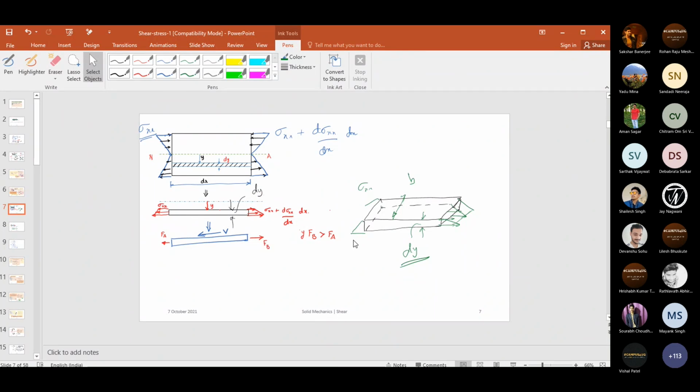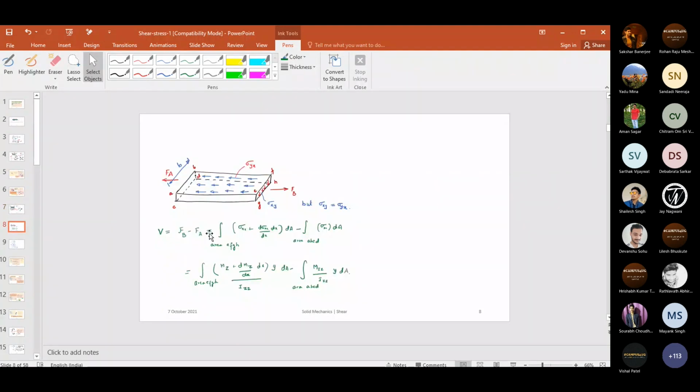But we see that the beams don't move like that. Part of the beam will start moving right or left or something like that. So naturally you will have some horizontal force to balance that. It should be there. So that horizontal force will be equal to FB minus FA.